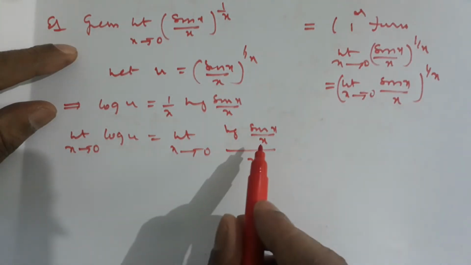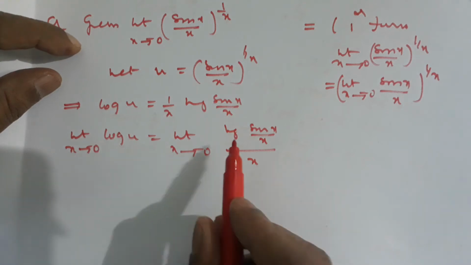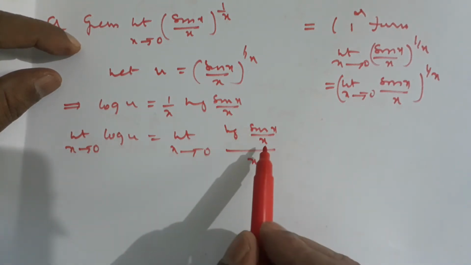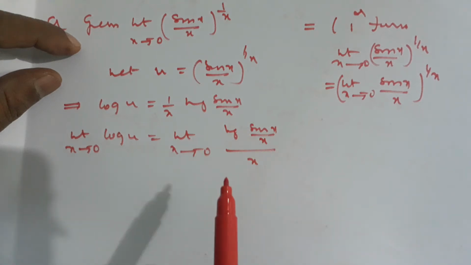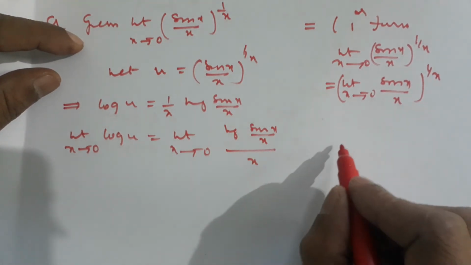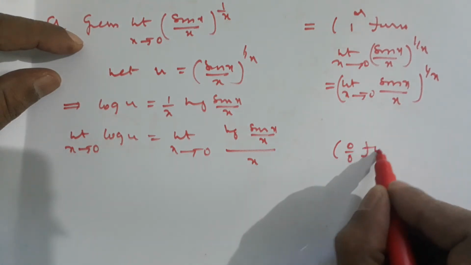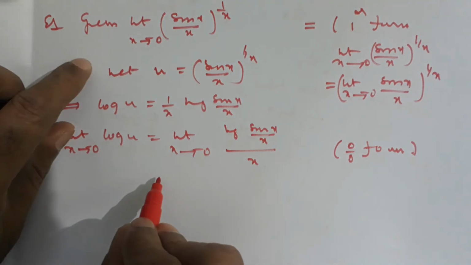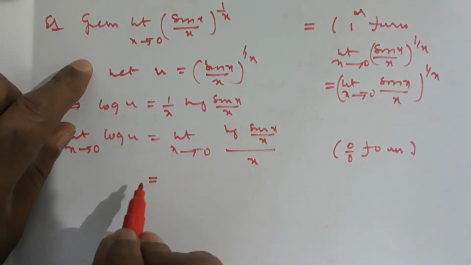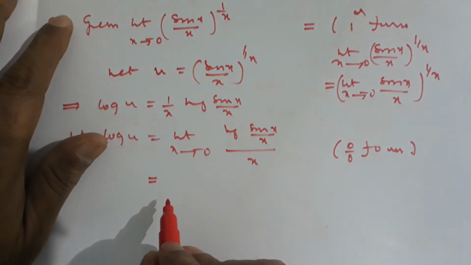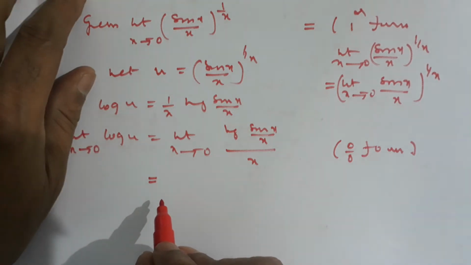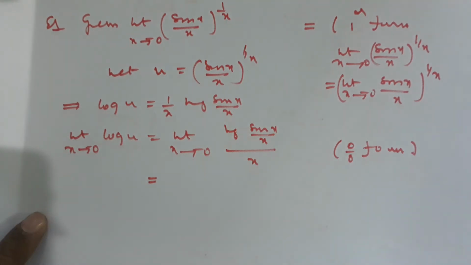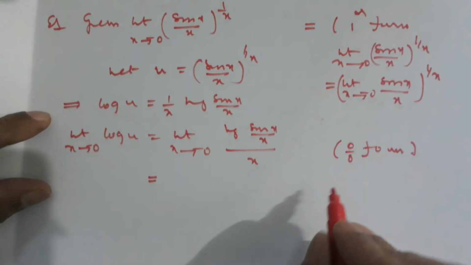See that as x tends to 0, log of the limit is limit of the log, so sin x by x is 1, log 1 is 0, divided by 0. It is 0 by 0 form. Now apply L'Hospital.